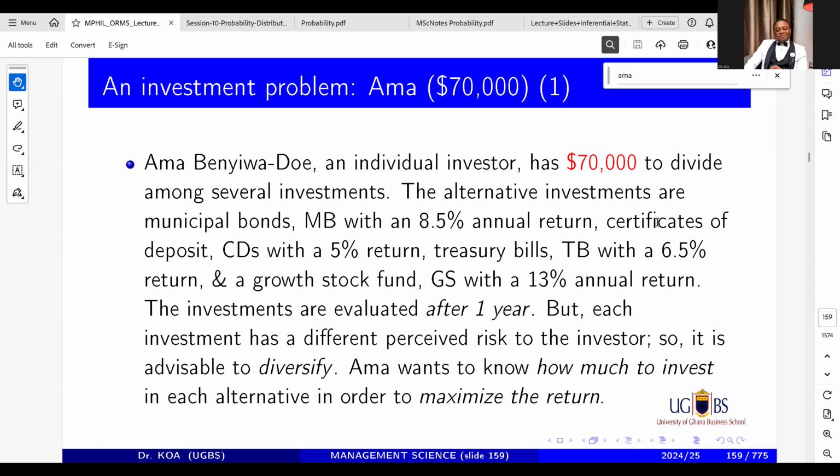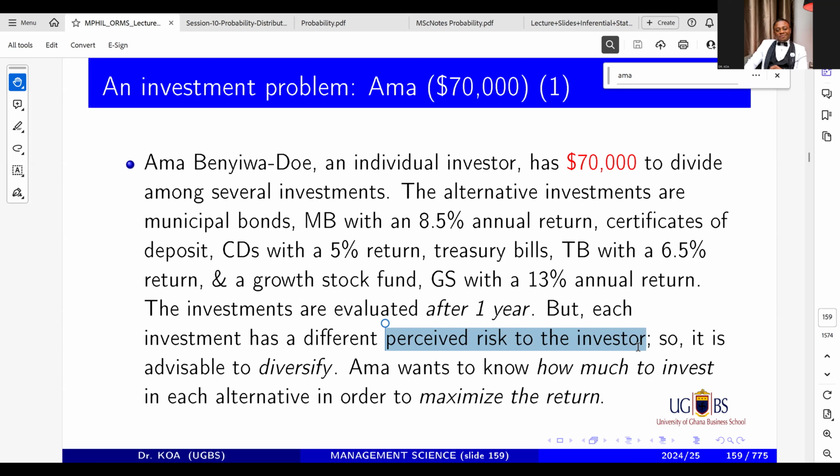The investments are evaluated after 1 year. After 1 year, we'll come back and assess whether they were good investments or bad. But each investment has different perceived risks associated with it. So it is advisable to diversify the portfolio. And you can see that she didn't put all her eggs in one basket.